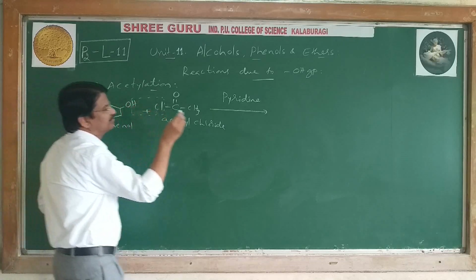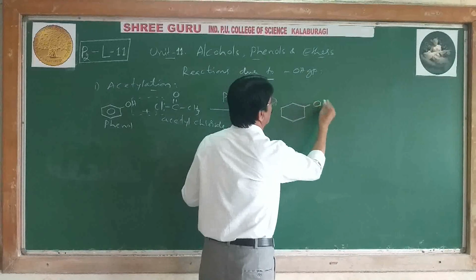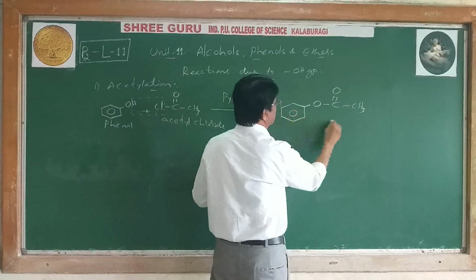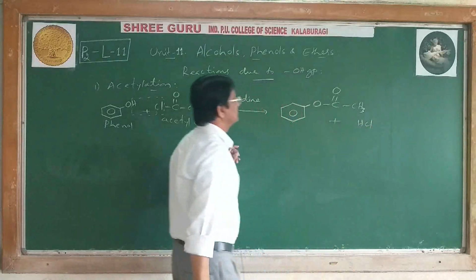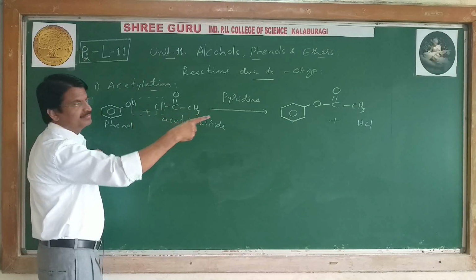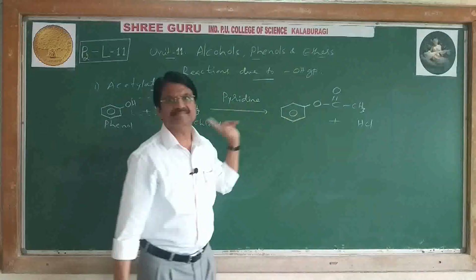Therefore, we get the ring with O-CO-CH3 plus HCl. Yes, we get the ester RCOOR.